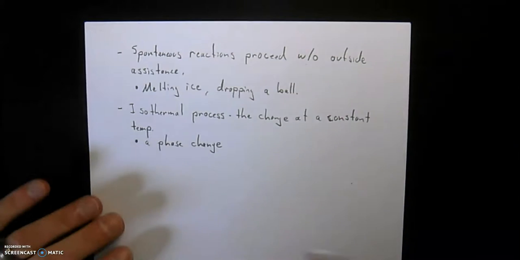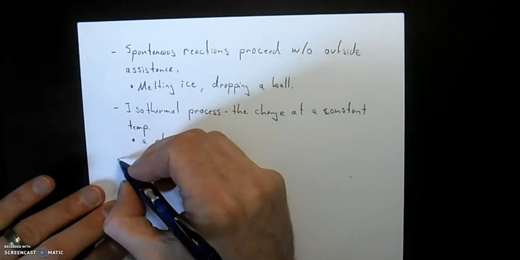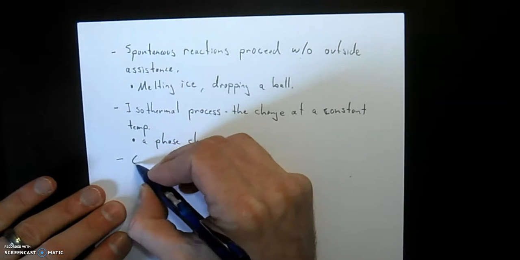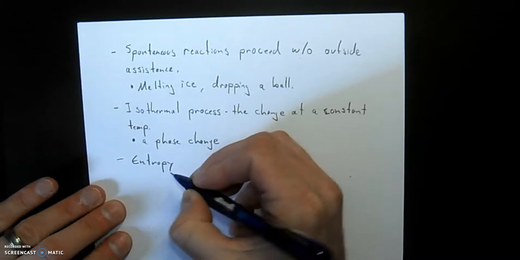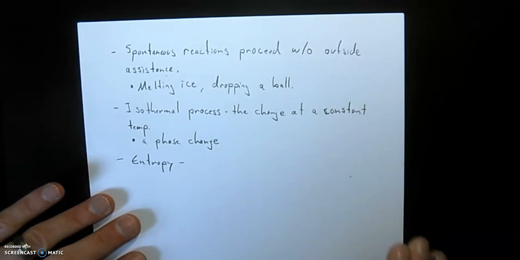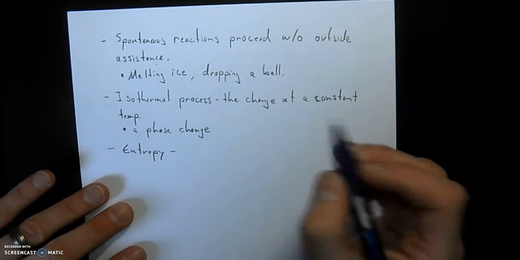All right, let's introduce that concept we just mentioned in the very beginning: entropy. The first time we referred to that one, we'll give it a letter designation here in just a couple moments.